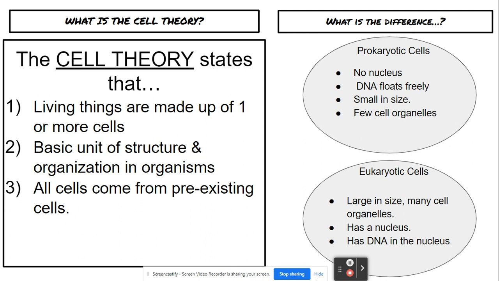Prokaryotic has no nucleus, DNA floats freely, small in size, has few cell organelles. Remember, these are things like bacteria. Eukaryotic cells, you have them, you need them, right? So plants and animals would fit under this type of cell. They are large in size, have many cell organelles, have a nucleus, and have DNA in the nucleus.